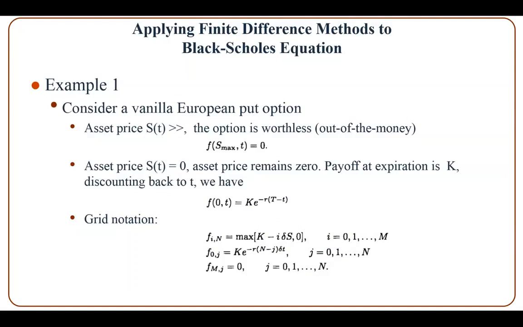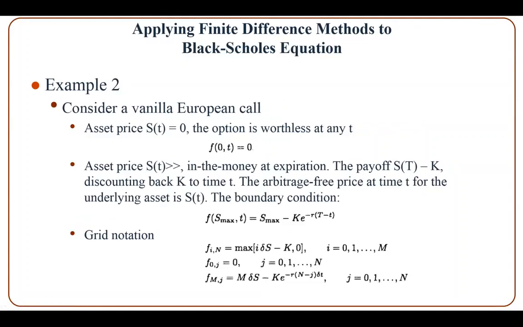When the asset price S of t is very large, the option is worthless, or we say it stays out of the money. When the asset price is 0 and it remains 0, the payoff at expiration is K, and discounted back to T, we have the option price at time t. And this is the grid notation.